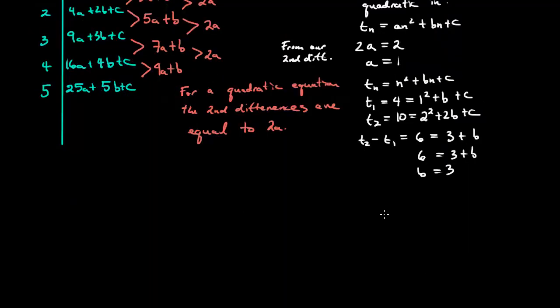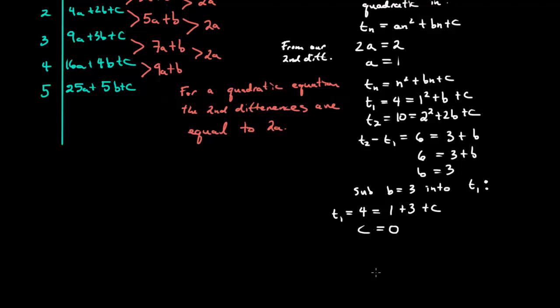And now that I know b is equal to 3, I can substitute into the formula for t sub 1, and I have that t sub 1 is equal to 4, which is equal to 1 plus 3 plus c. So thus c is equal to 4 minus 4, which is 0.